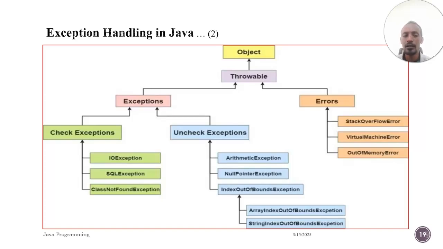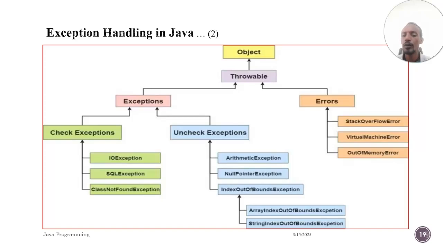As the name indicates, they are going to be checked. The second part is the unchecked exceptions. These unchecked exceptions can be arithmetic exceptions, any kind of arithmetic, and null pointer exceptions.